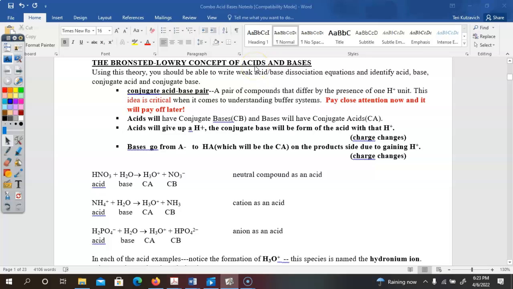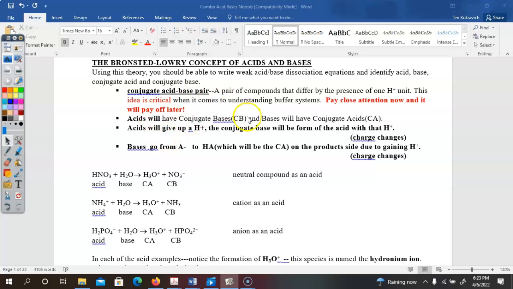So we need to identify the acid, the base, the conjugate acid, and the conjugate base in an equation. You have already done this a little bit. A pair of compounds that differ by the presence of one proton is a conjugate acid-base pair. Make sure you understand how to identify these because when we do buffers, it's going to be a lot easier.